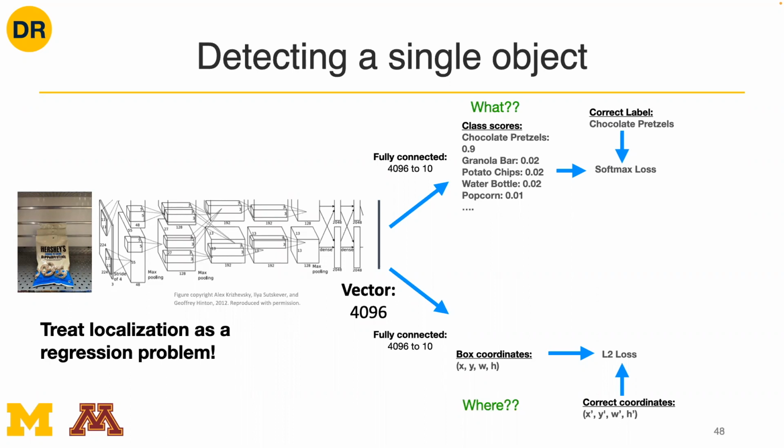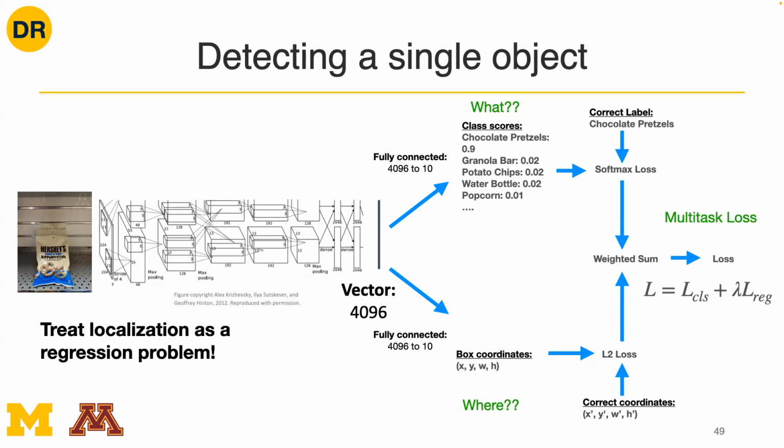So the top portion, on classification or recognizing the object, is talking about what is in the scene, whereas the bounding box is talking about where this object is in the scene.